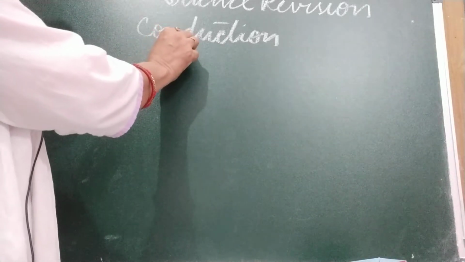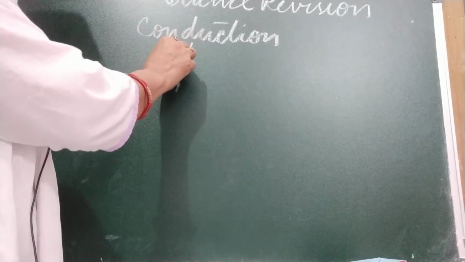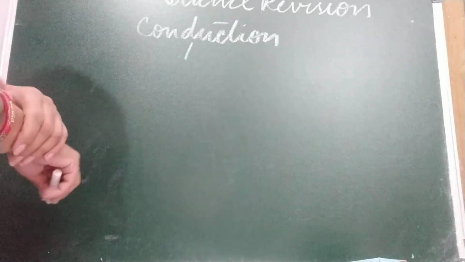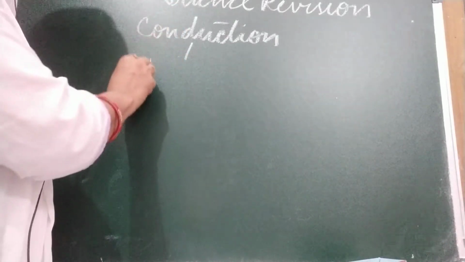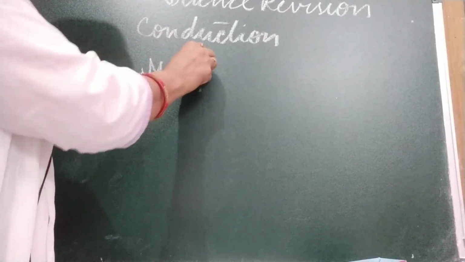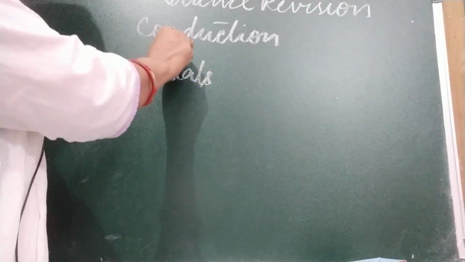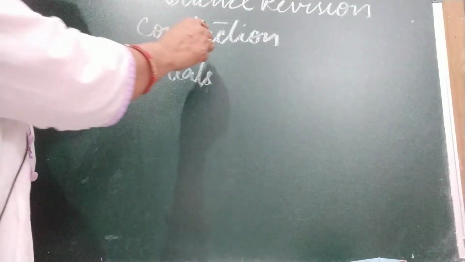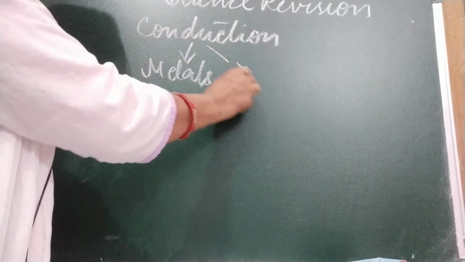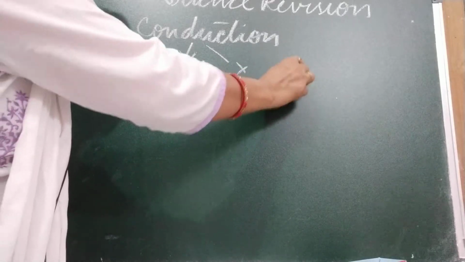Conduction takes place in materials which we call good conductors of heat, like metals. But in some substances conduction cannot take place, and we call those substances insulators.